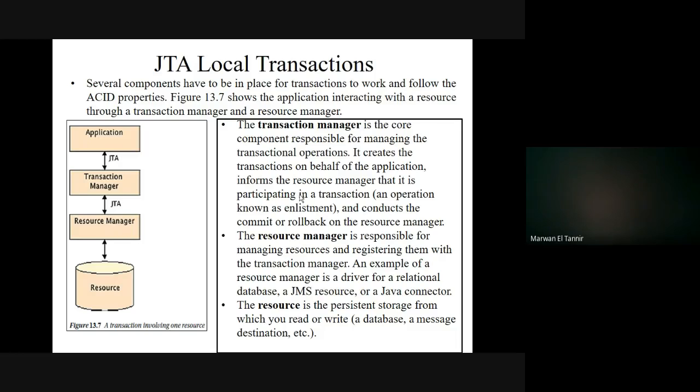If something happens during the execution of this transaction, the transaction manager will roll back all the operations done and will take the data or the application to the consistent state before the transaction started.